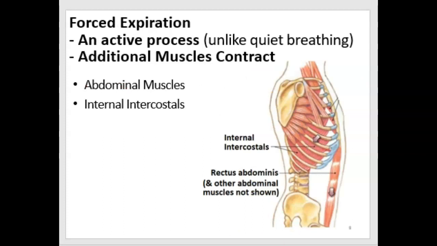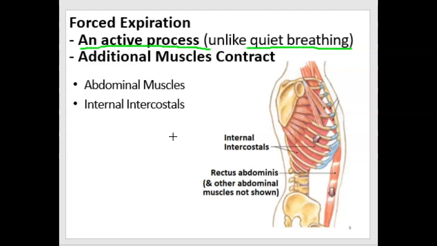Now, normally expiration is a passive process during quiet breathing, but we can forcibly exhale as well. And when we do that, now it's an active process. And of course, the passive process is involved always during exhalation. That is, the muscles relax the diaphragm and the external intercostals.